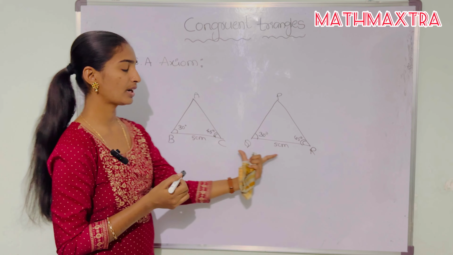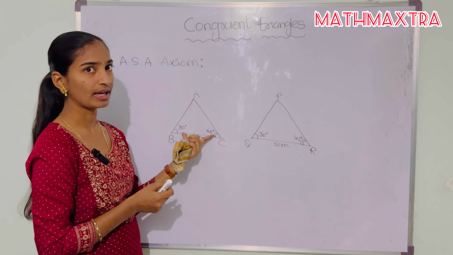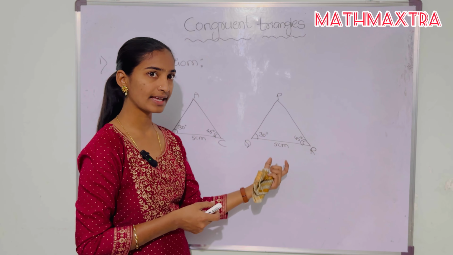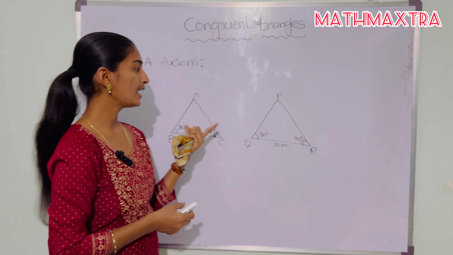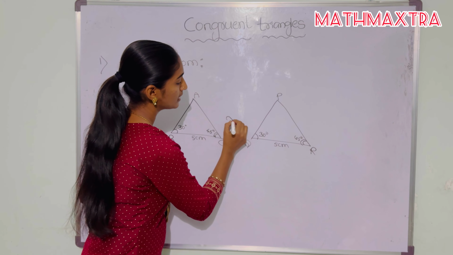See, in these two triangles, if two angles and the side containing these two angles are equal to the corresponding angles and side containing those angles, then we can say these two triangles are congruent to each other.